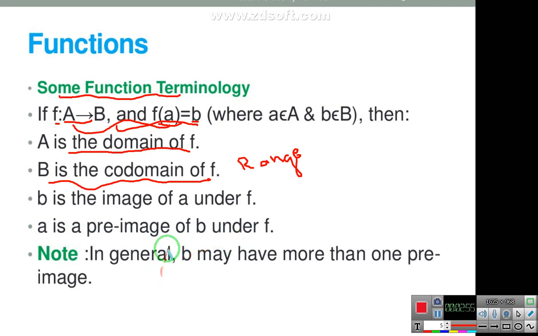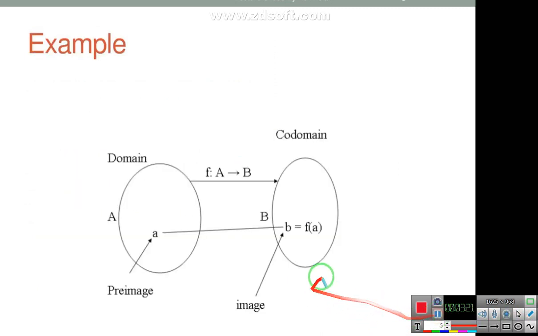So the most important things are domain and range. You need to remember what is domain and what is range. In a note you can also keep in mind, and later on you will see, that B may have more than one pre-image, because we have some properties of a function. So keep in mind about domain and range.